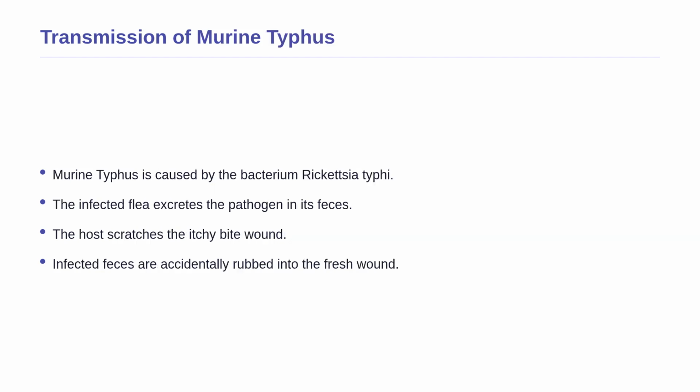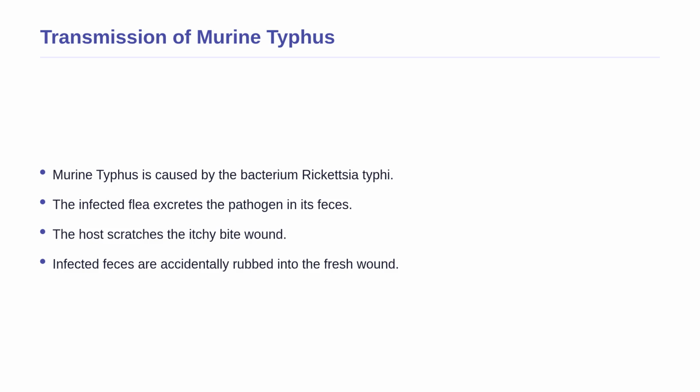While the plague is transmitted through regurgitation, let us look at a completely different method used by another major flea-borne disease. Murine typhus is caused by the bacterium Rickettsia typhi. Instead of injecting the bacteria, the infected flea excretes the pathogen in its feces while it is feeding.